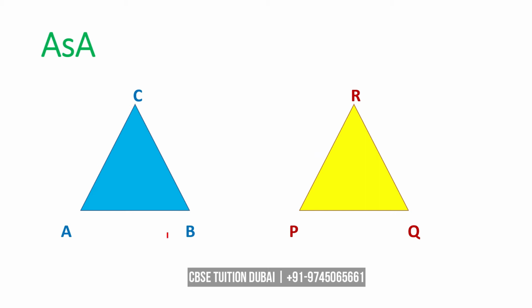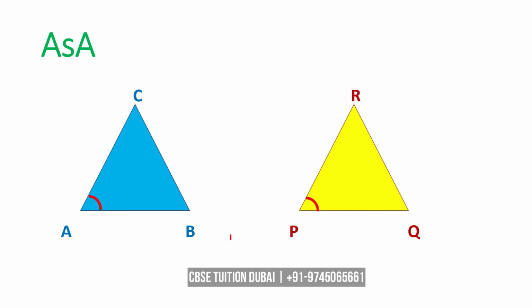Let's move to the next one, which is ASA. When you consider these two triangles, and you get a pattern like angle-side-angle, you can say that these two triangles will be congruent. If they are congruent, the corresponding parts will be equal. Let's check here.